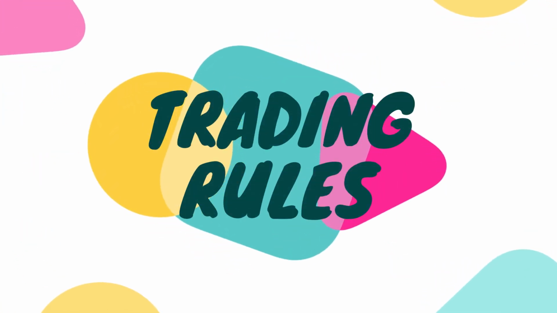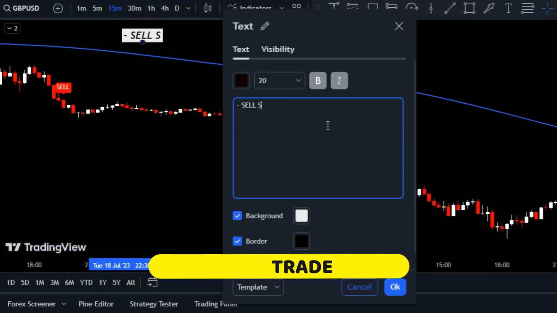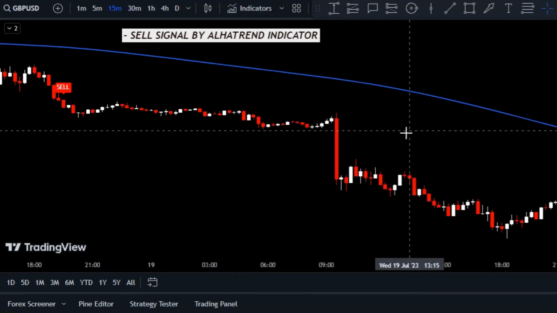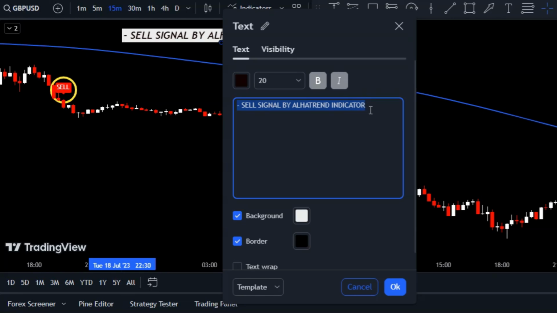So now let's outline the rules for a sell trade. First, you need the Alpha Trend indicator to give you a sell signal. Then confirm the downward trend by ensuring that the price is below the HMA indicator line.